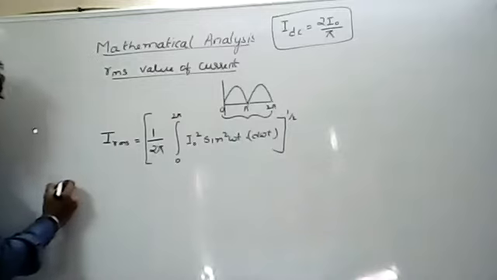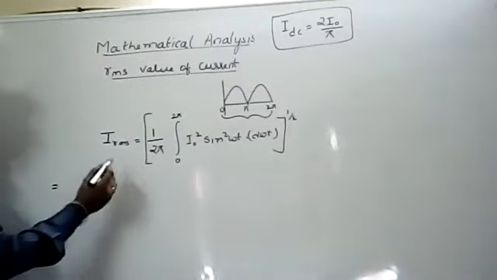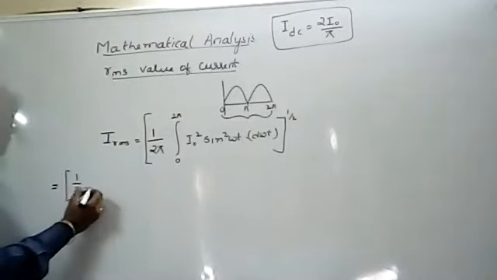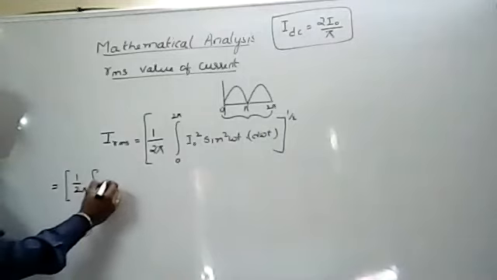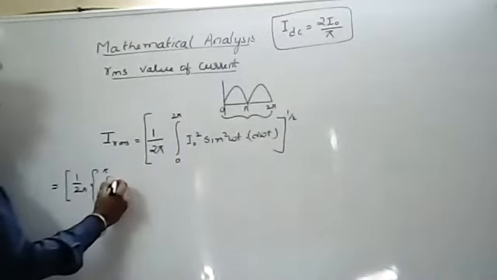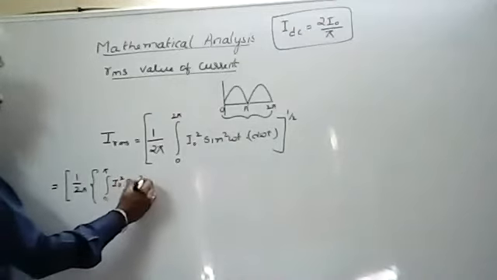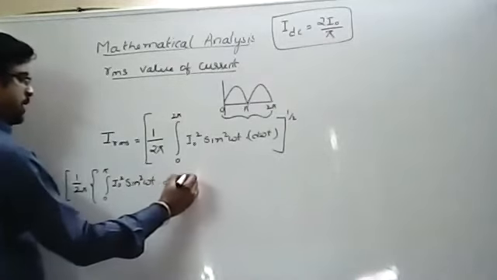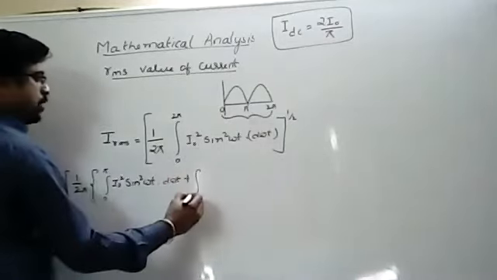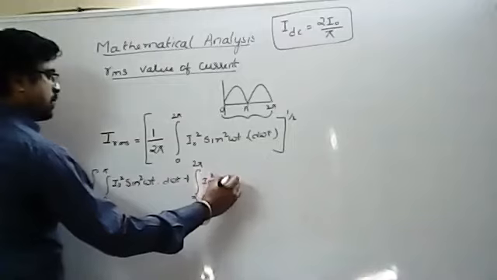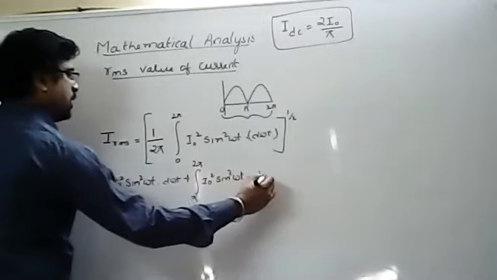Now, what I will do is split the intervals. What is the interval? 0 to pi first, I will calculate for this part: integral 0 to pi of I naught square sine square omega t into d omega t, plus the next interval, pi to 2 pi, same: I naught square sine square omega t into d omega t.